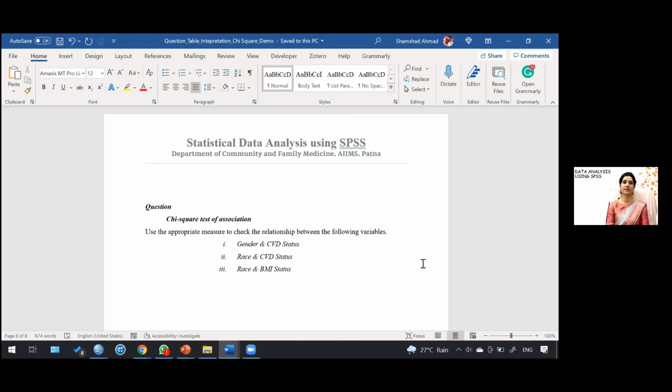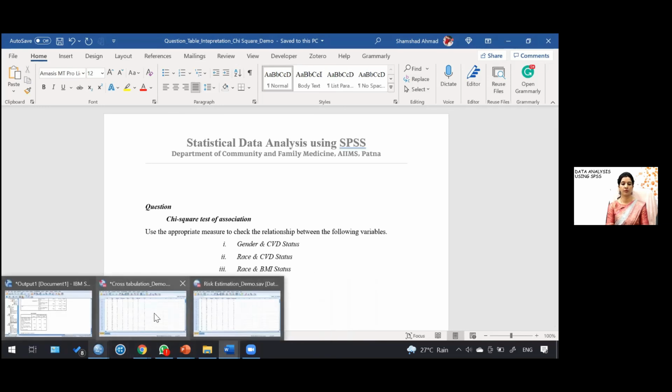Race and CVD: race has 3 categories, white, black, and others, and cardiovascular disease has 2, so it will be a 3 by 2 table. Race and BMI is a 3 by 3 table, because race has 3 categories and BMI also has 3. We will see this one by one, how to give the command. The most important part is how to write the interpretation and how to enter the values in a table.